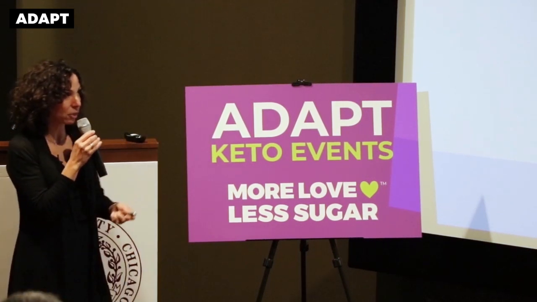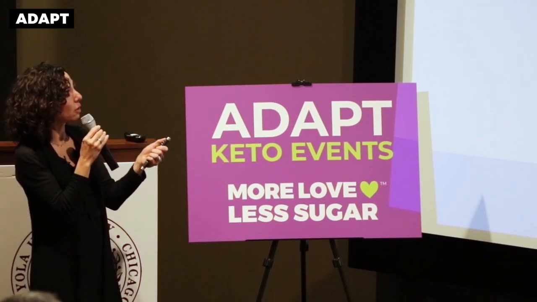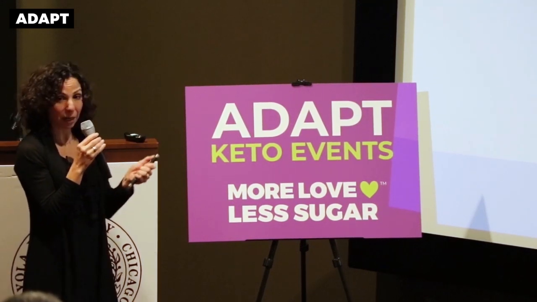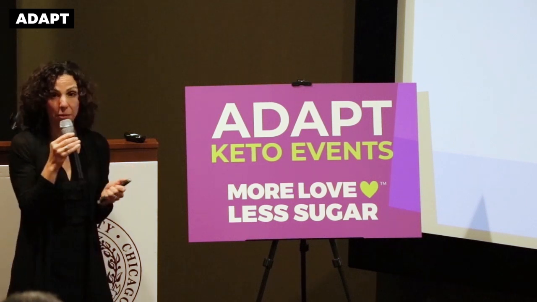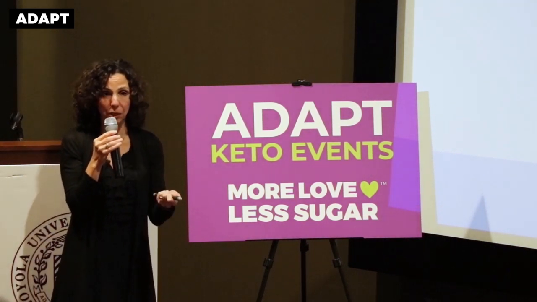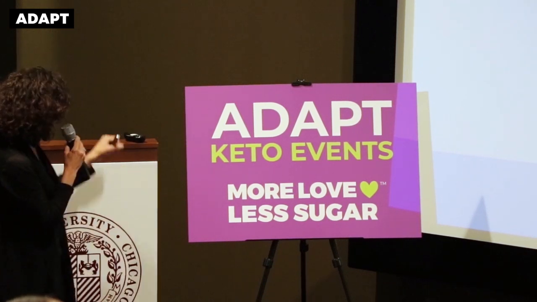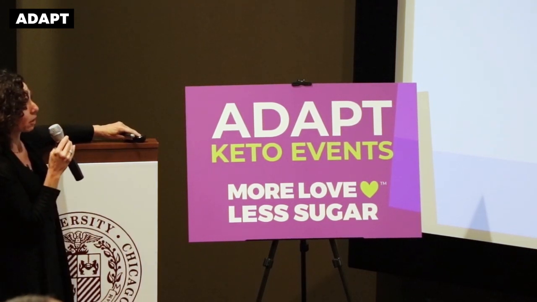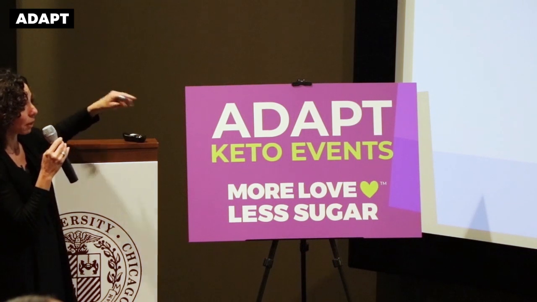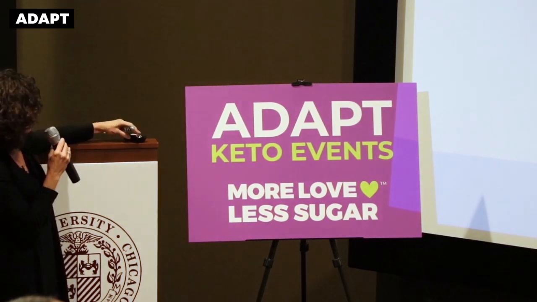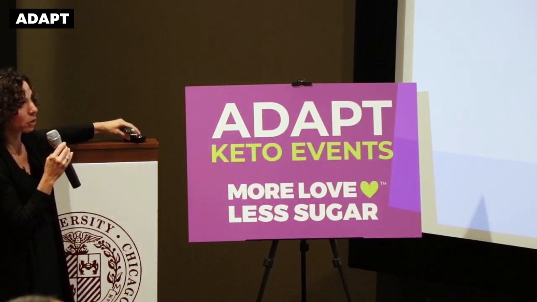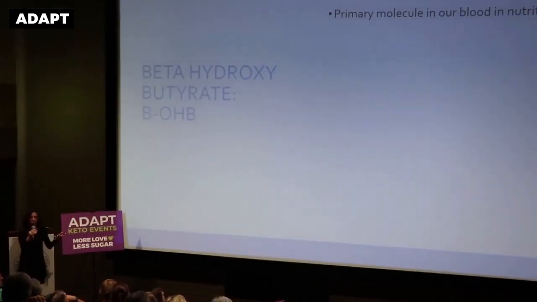So when we go on a ketogenic diet, we produce a fuel, or ketone body, called beta-hydroxybutyrate. There are three ketone bodies, but this is the primary one that we produce. Let's talk about what it does. It's the primary molecule in our blood when we're in nutritional ketosis, a state in which we're burning fat as fuel.